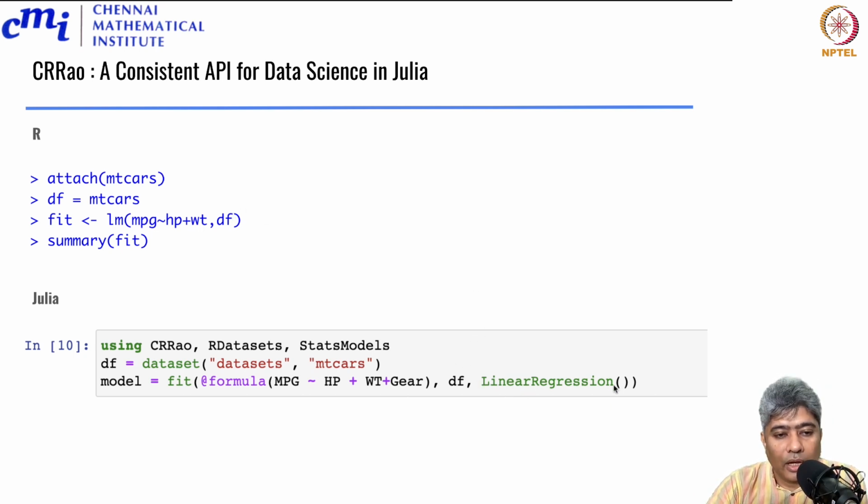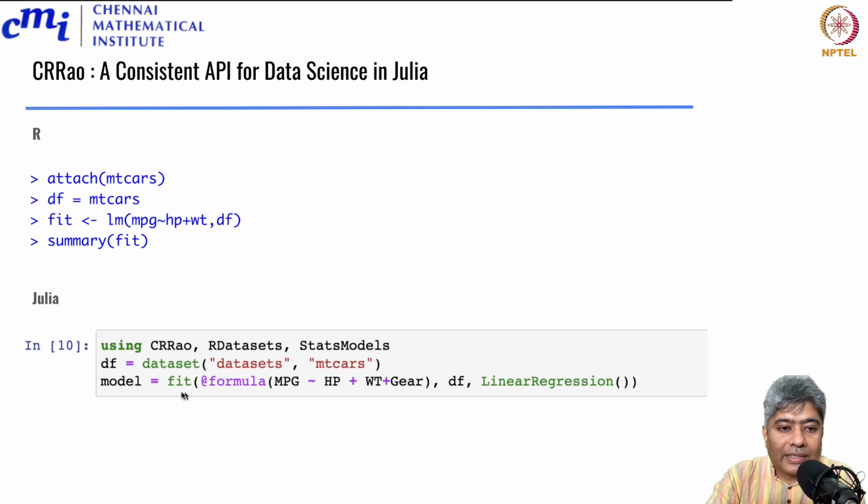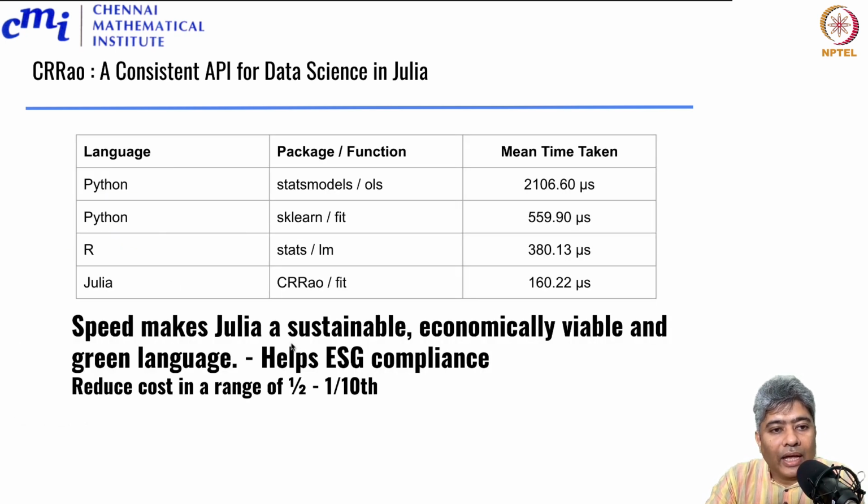That's it. And if it is logistic regression, then you say logistic regression. If it is Poisson regression, say Poisson regression. Because of multiple dispatch, still fit will be there. So for each, all you have to do is fit. Similarly, then what we did, we compared the exact same model, exact same implementation in Python, R, and Julia.